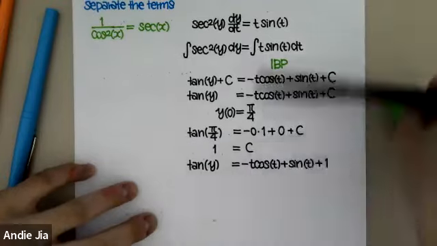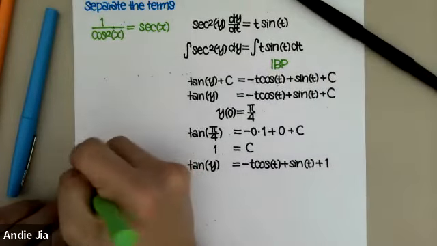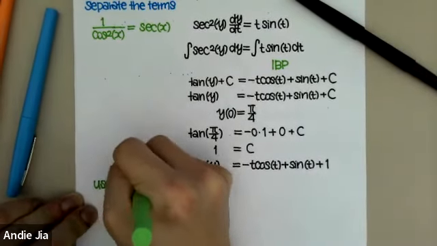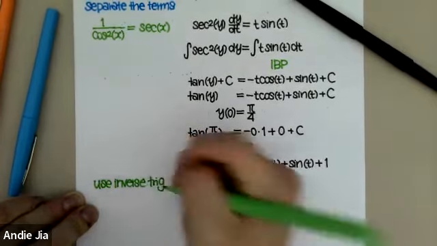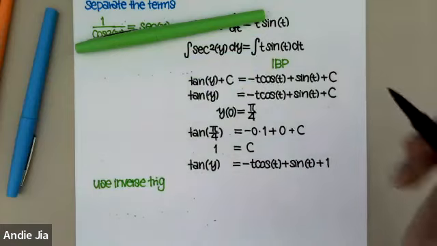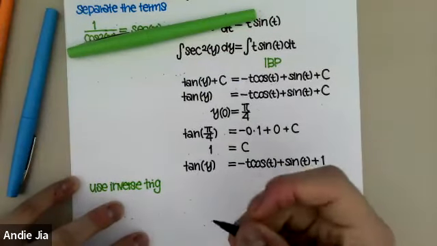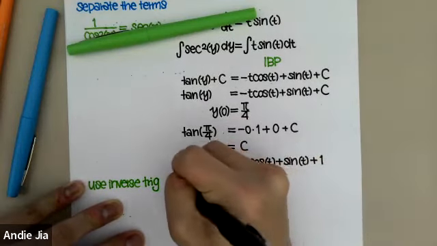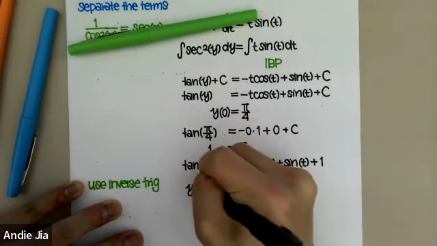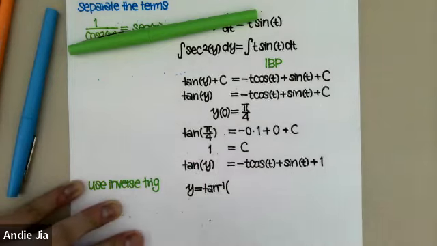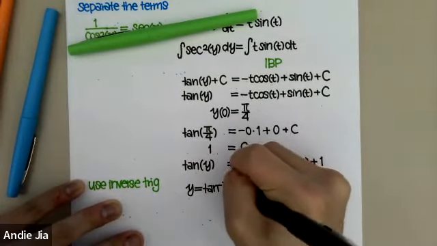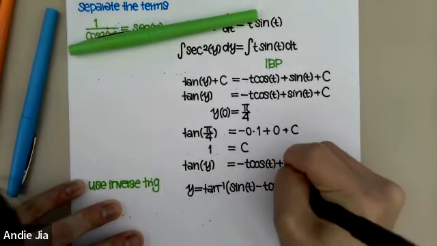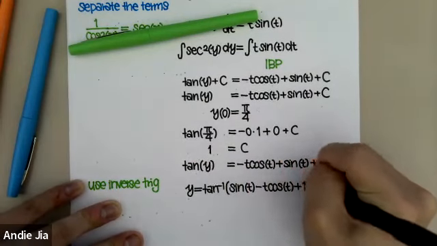So y equals the inverse tangent of sine of t minus t cosine of t plus 1.